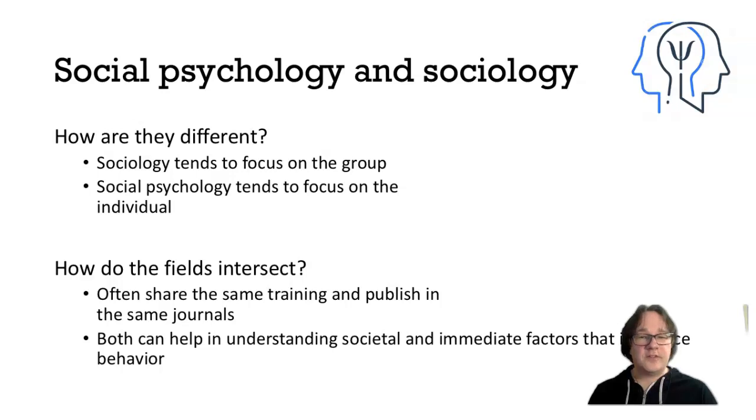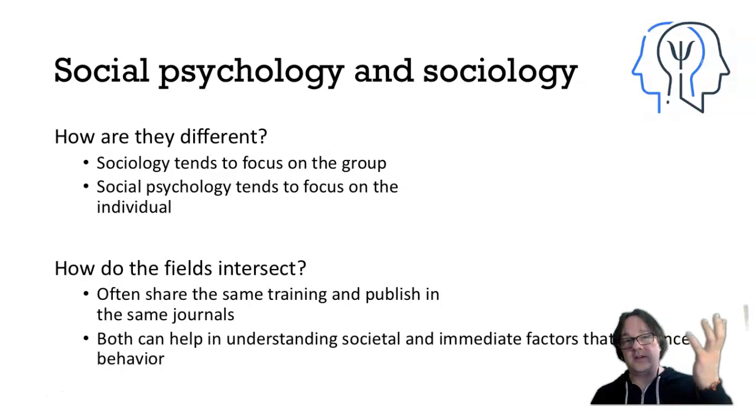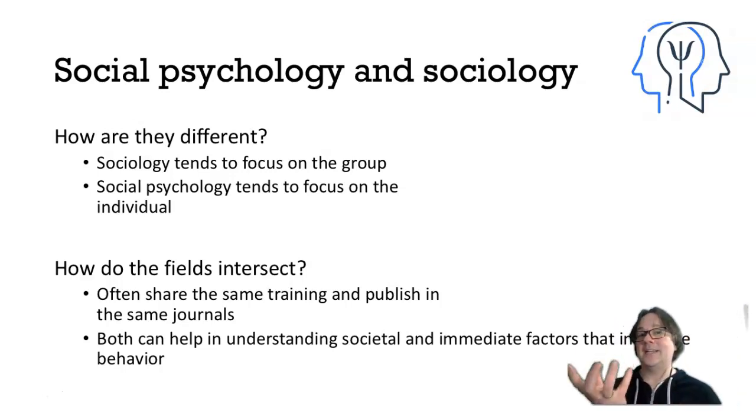Also, both fields can help in understanding societal and immediate factors that influence behavior, right? So combined, social psychology and sociology actually can do a pretty thorough job at explaining these types of social issues. We could explain poverty on a societal level and, on an individual level, the effects of poverty, let's say, on an individual.